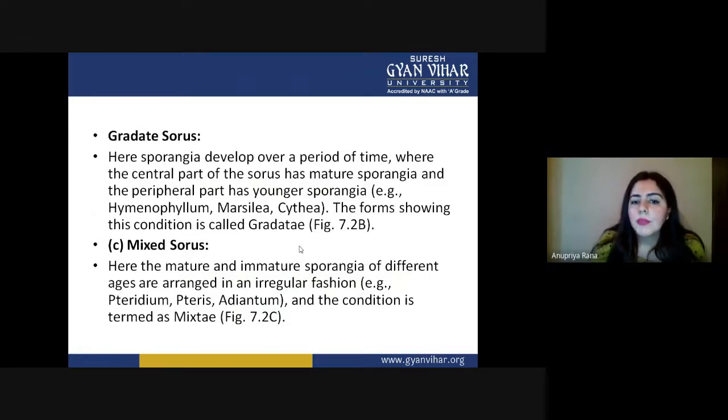But in the mixed sorus, with mature and immature sporangia of different ages, you cannot identify them. They do not show any pattern like the center having maturity and the periphery immaturity. Mature and immature sporangia are just mixed in between. So that's why we simply call them the mixed sorus.